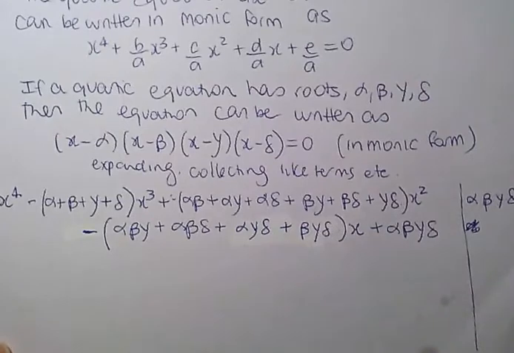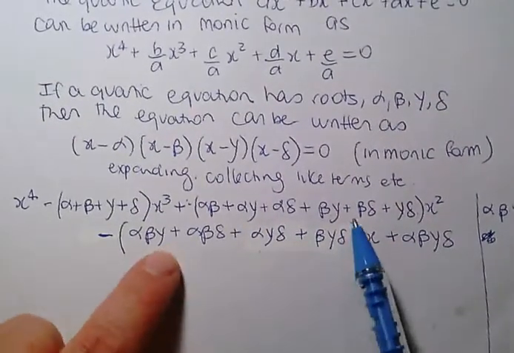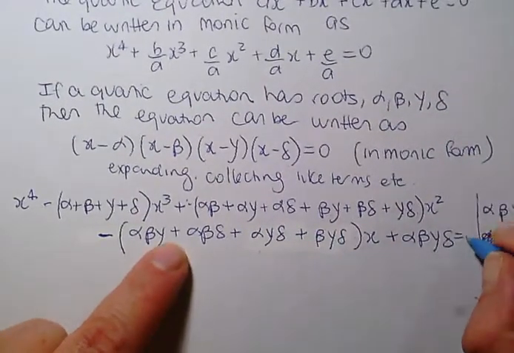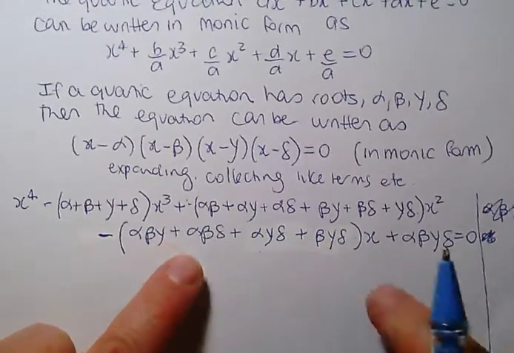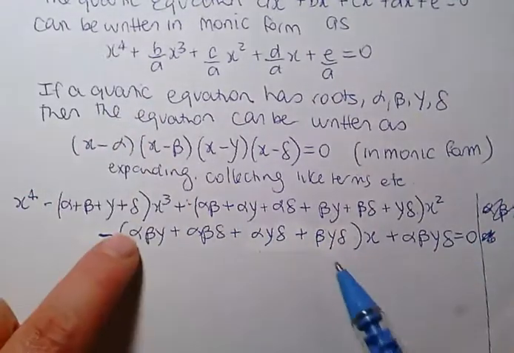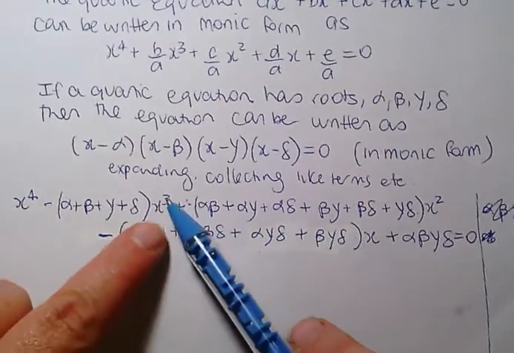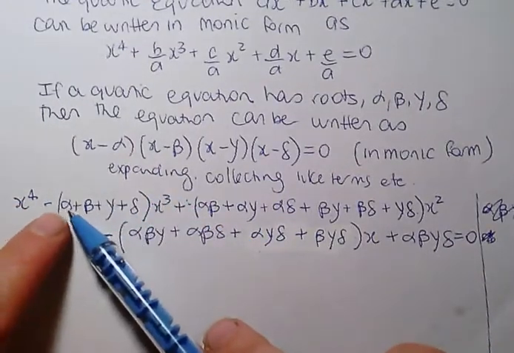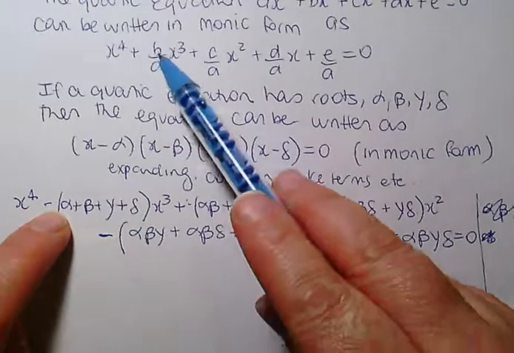So what we did before, just equating this equation down here, so this is equals 0, okay? So equating this equation here with this equation there, looking at the coefficient of x cubed, so negative alpha plus beta plus gamma plus delta is b on a.